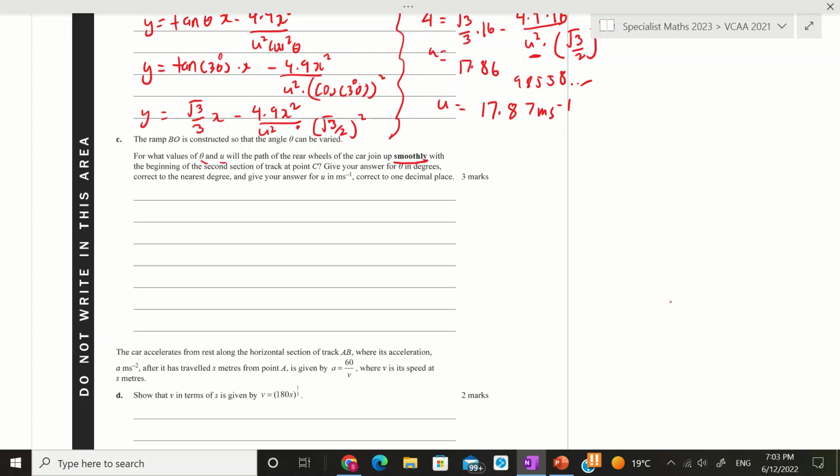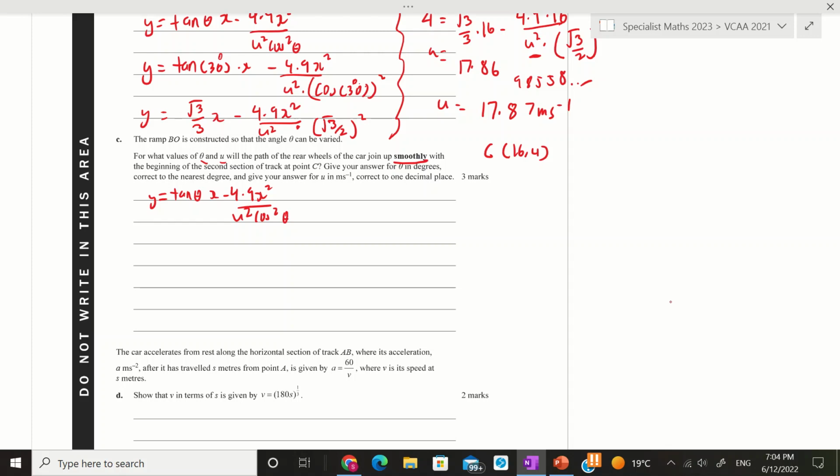What we can do first is sub in the values we know. Point C has coordinates 16, 4, right? Our equation is y = x tan theta − 4.9x² on u² cos² theta.